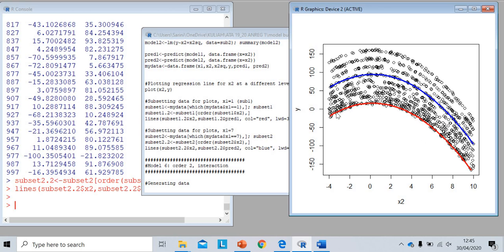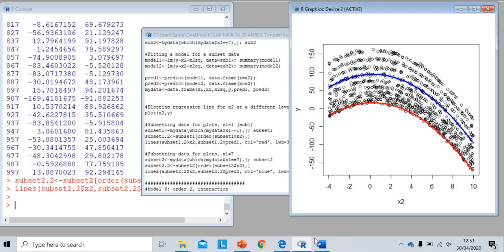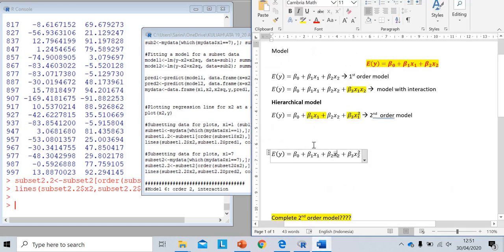Moreover, for different values of x1, it seems like these quadratic patterns are parallel. Again, parallelism implies that there is no interaction between this variable and that variable, x2, with different levels. So in that case, our model should be just x1, x2, and x2 squared.